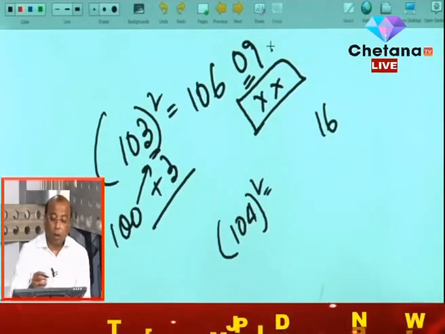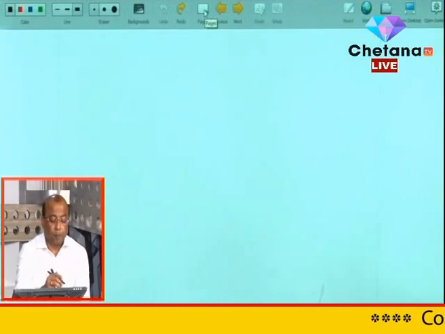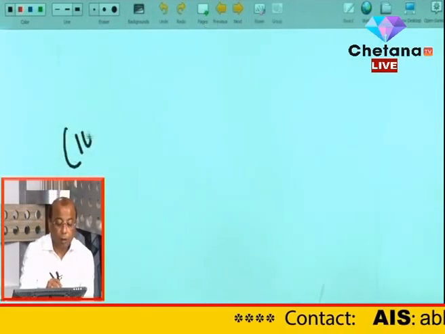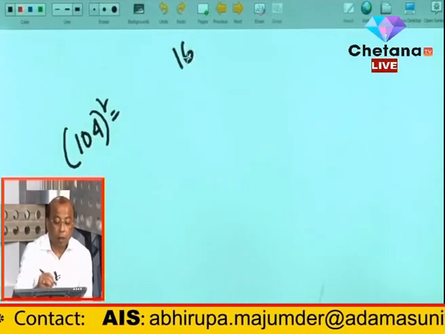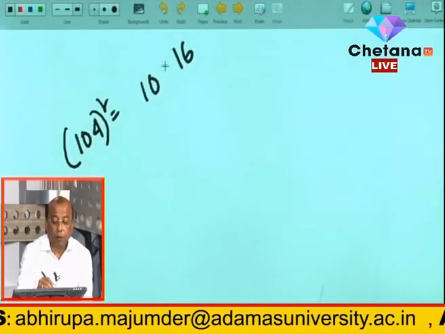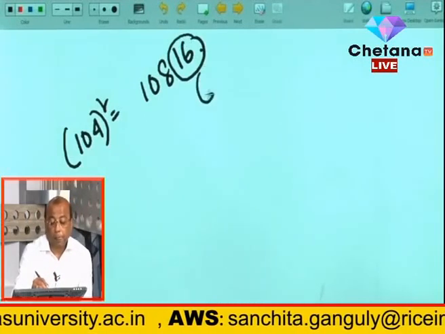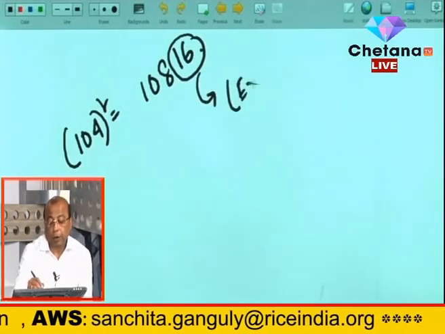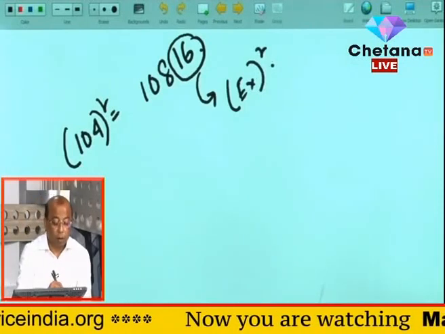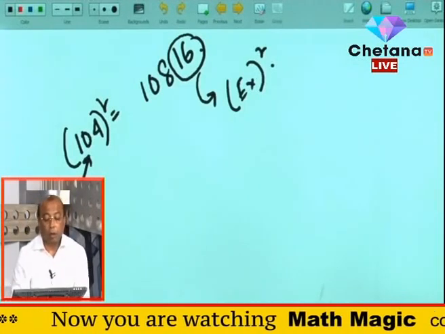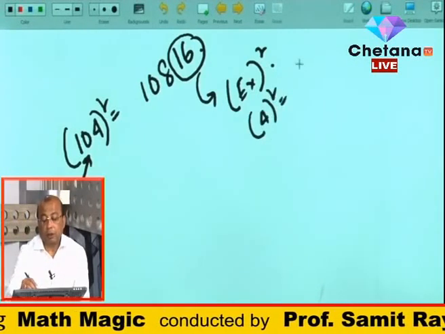Right. So how can we write this number? 16, 104 plus 4, 108. So this is the extra whole square. How much more than 100? That is 4. 4 whole square, that is 16.